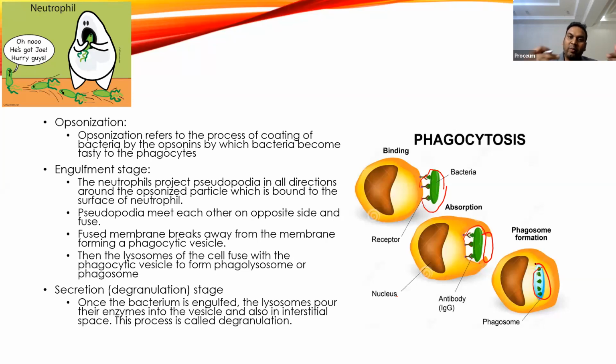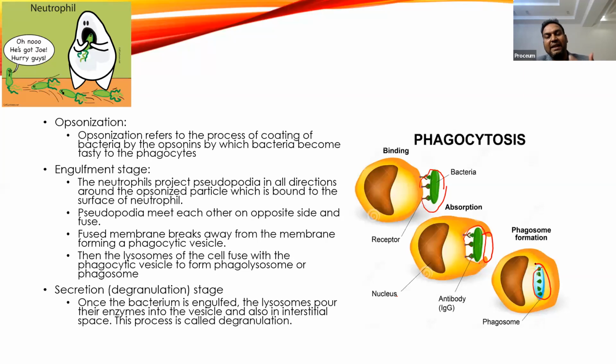So a pseudopod will form, wrapping completely around the bacteria or microorganism, and then it will engulf it completely into the cell. Once it enters the cell, that structure which has a cell membrane and bacteria is called a phagosome.